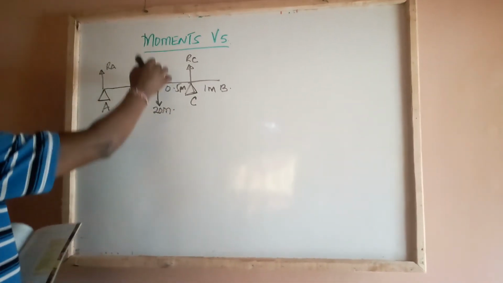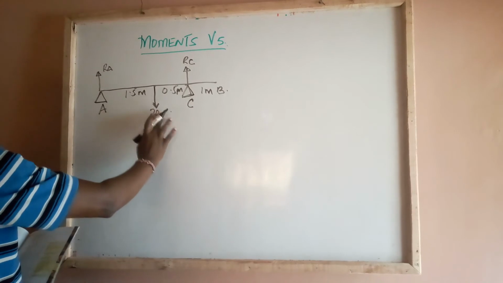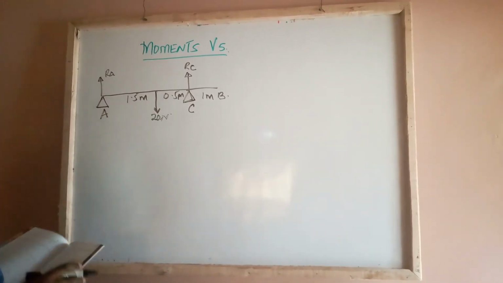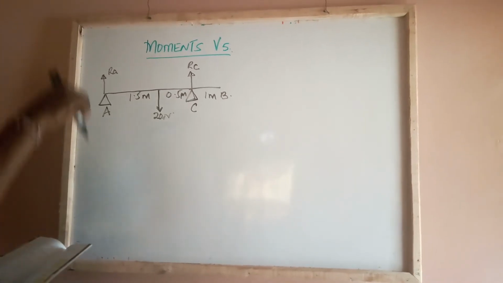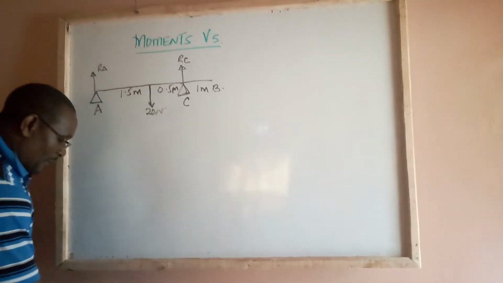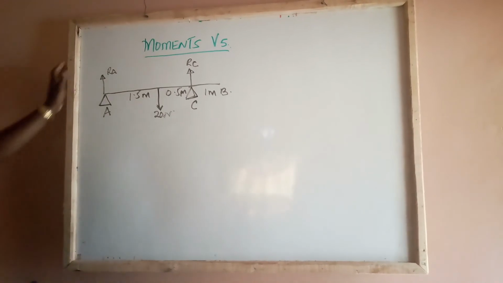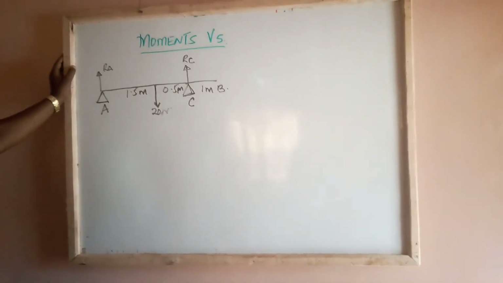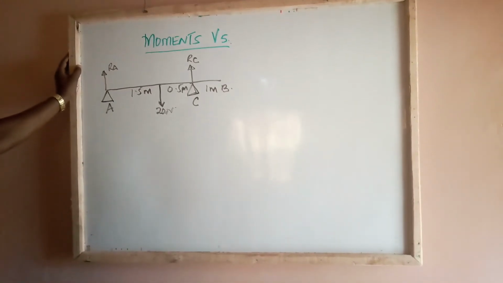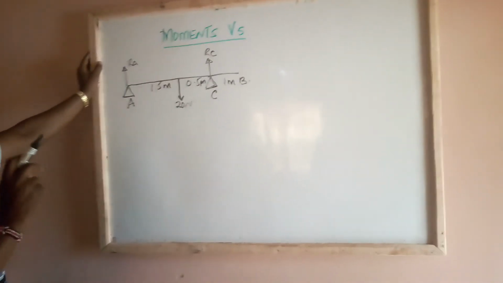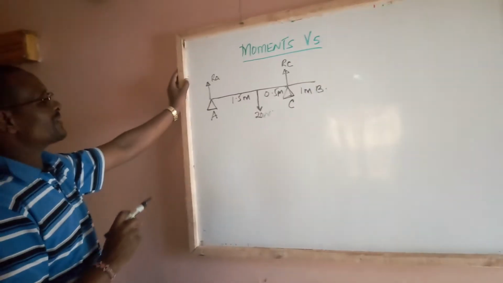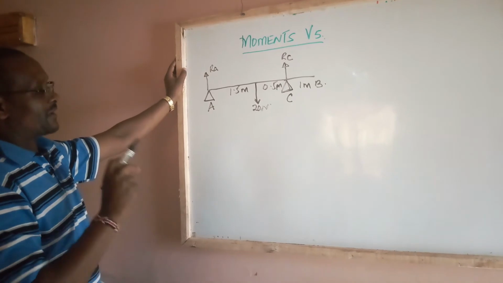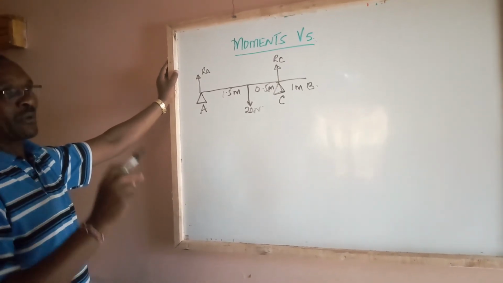There is a weight of 20 newtons hanging somewhere 1.5 meters from point A downwards. Now, from the previous topic, namely statics, we realized that the force upwards is always equal to the force downwards if at all the particle is at equilibrium.